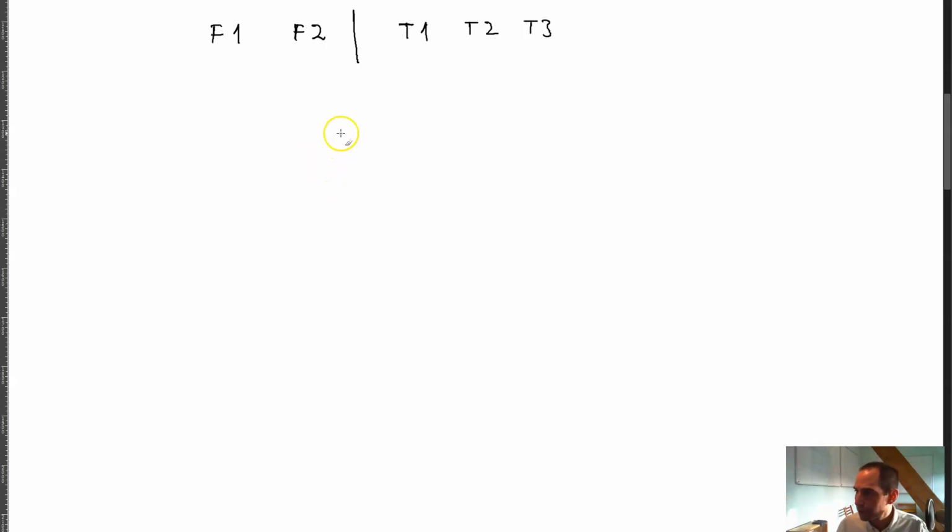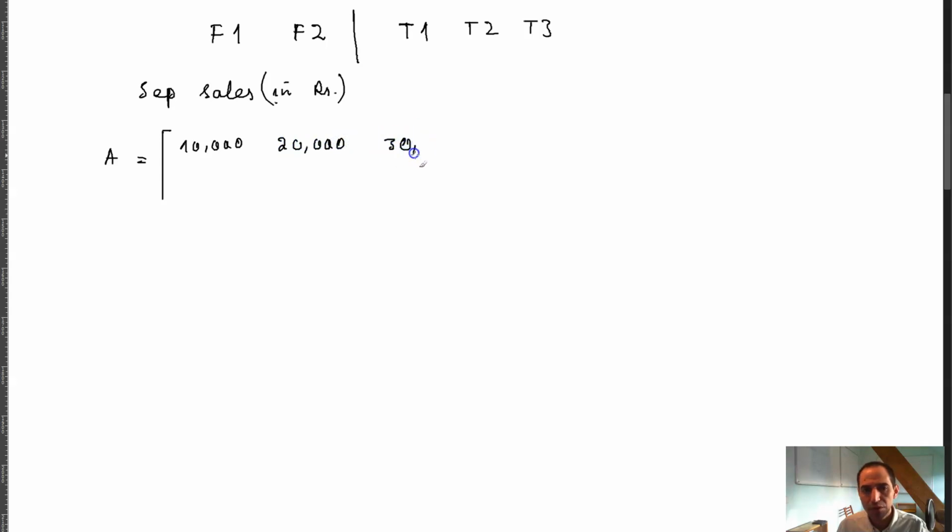So September sales in rupees, and you have some matrix A which is equal to basically 10,000, 20,000, 30,000, 30,000, 50,000, 30,000, 10,000. Right? So that is basically your matrix A.